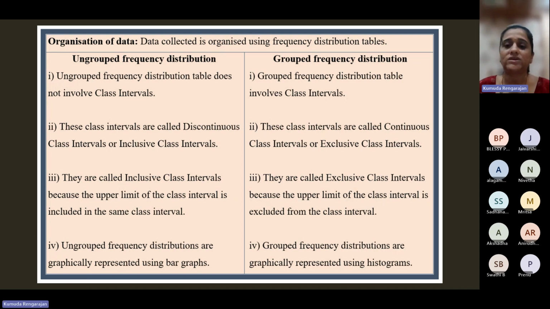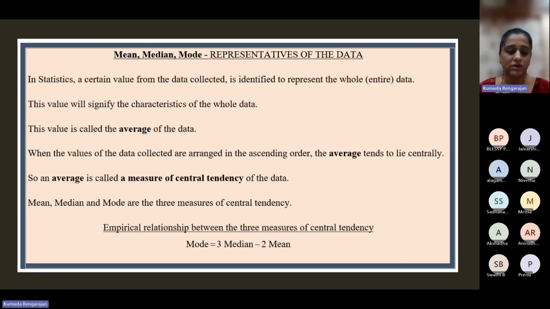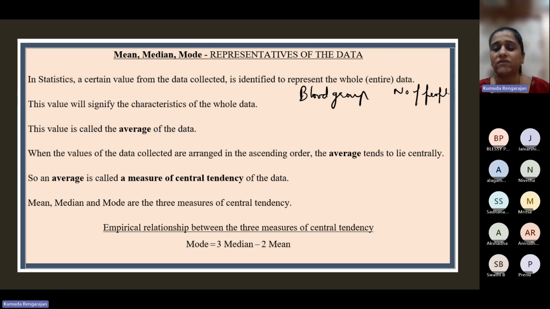So like you say, 10 to 20, 20 to 30, 30 to 40, right? So let's just see an example of how the table will look. So if you say blood group and number of people, we have in the frequency distribution these two columns, blood group and number of people, in the table which we have prepared out of the data collected.